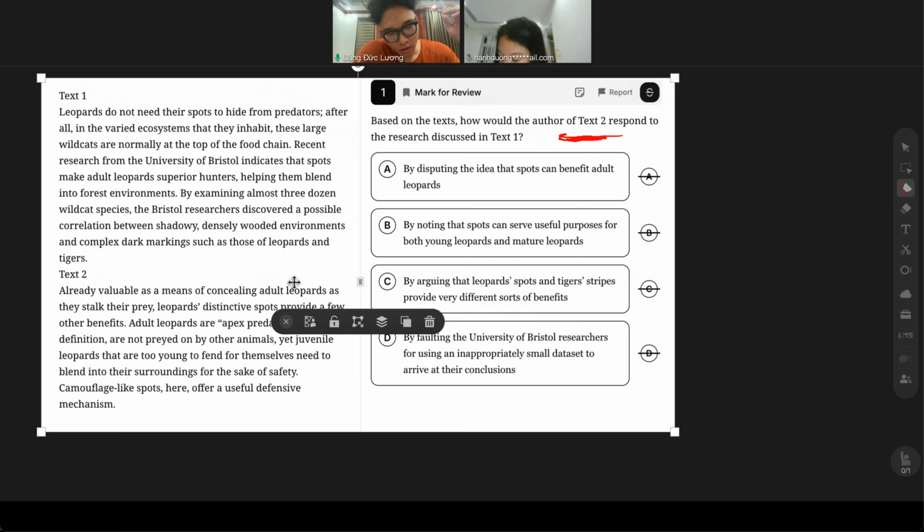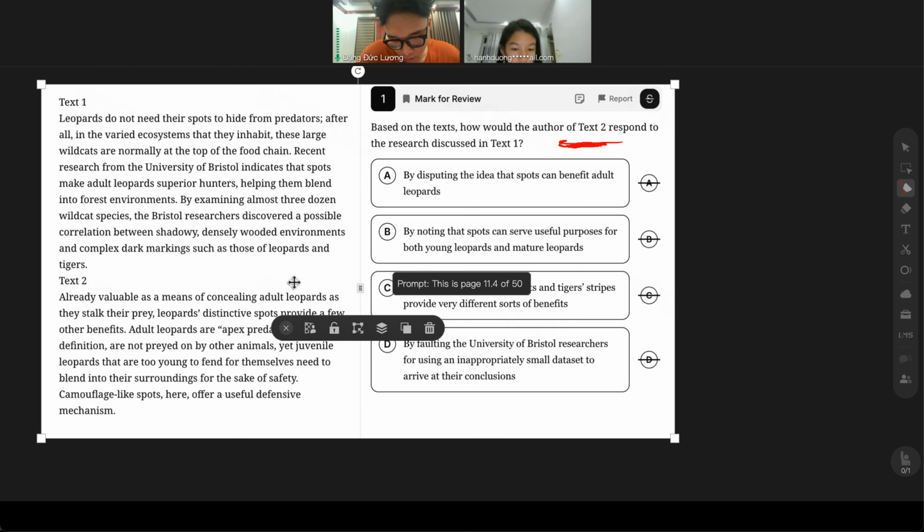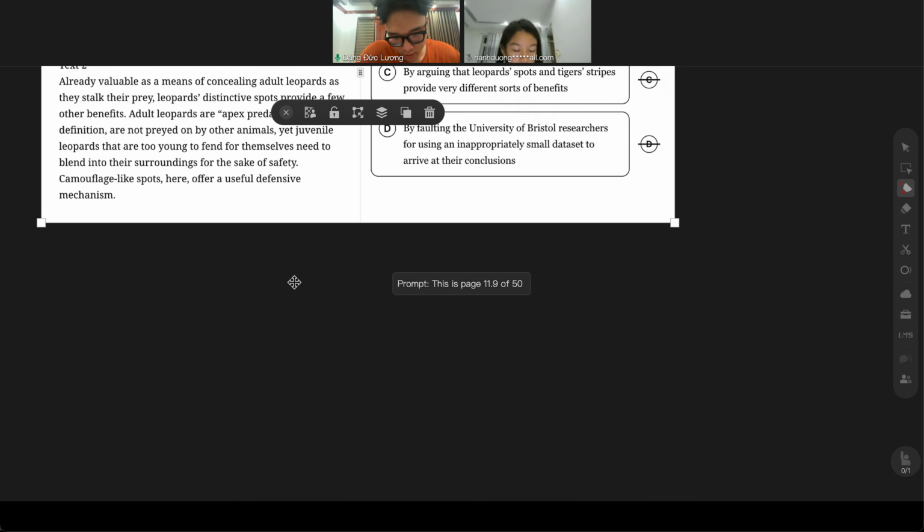So if they ask about the opinion of the author of text 2, you should read text 2 first and go back to text 1 later. That's the best way to approach this kind of question.